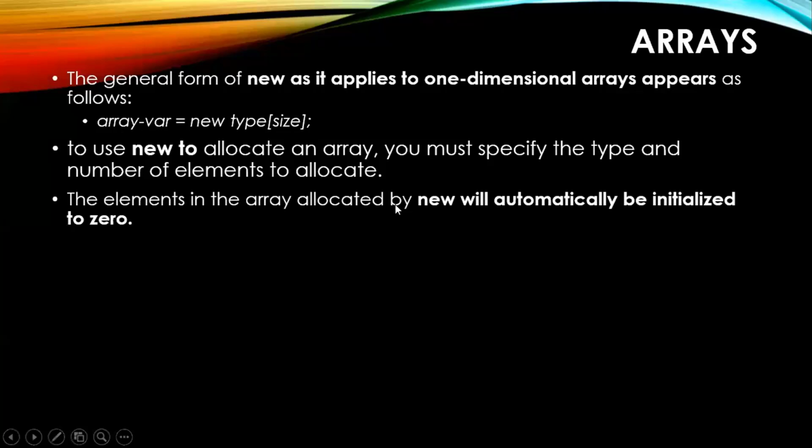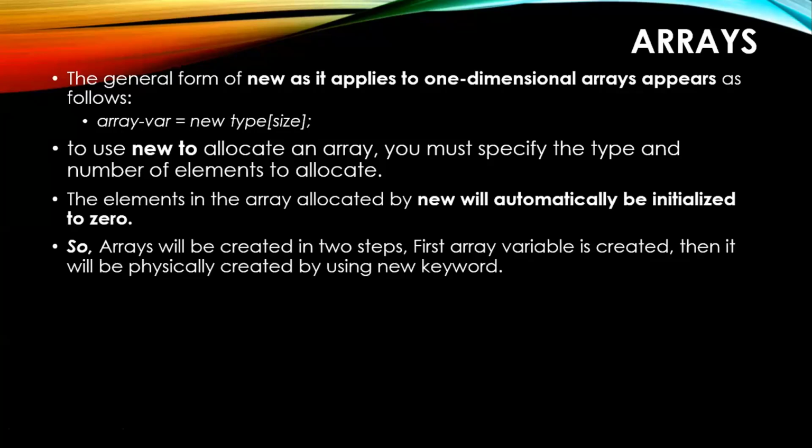So the elements in an array allocated by new will automatically be initialized to 0. Clear with the difference? Arrays will be created in two steps. First, the array variable is created, then it is physically created by using the new keyword.